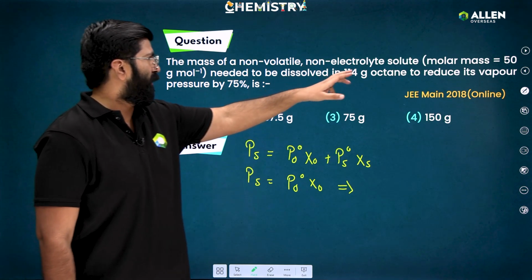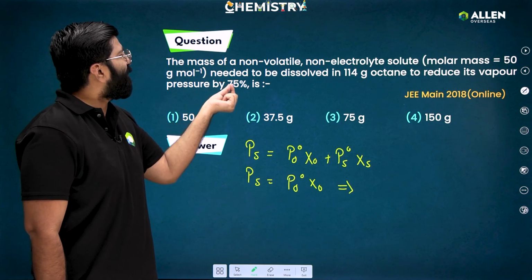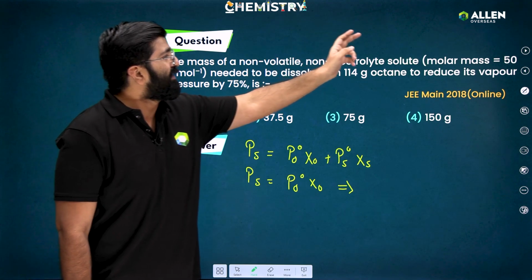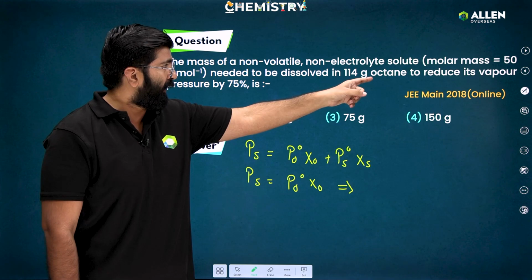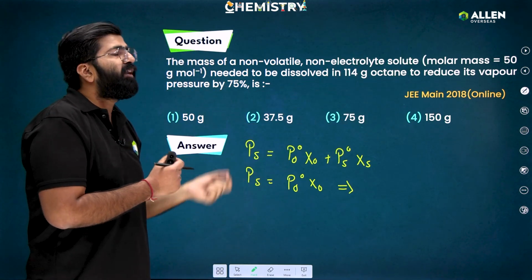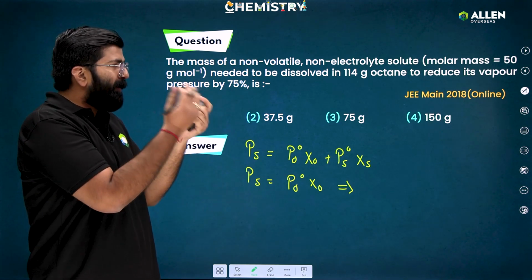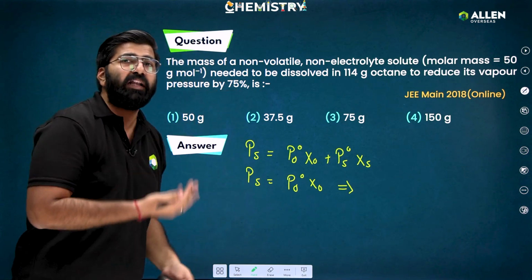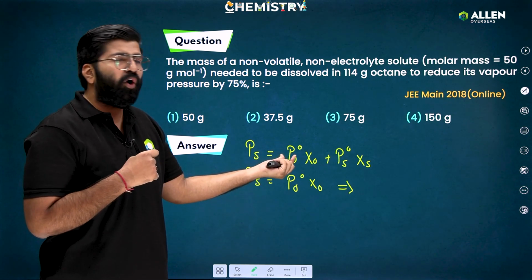Now, what is PS over here? If you see the next line, it says reduce its vapor pressure by 75%. What is given is the mass of solute to be dissolved in 114 gram of octane to reduce its vapor pressure by 75%. So this vapor pressure has been reduced by 75%, which means only 25% of the pressure of the octane is left.